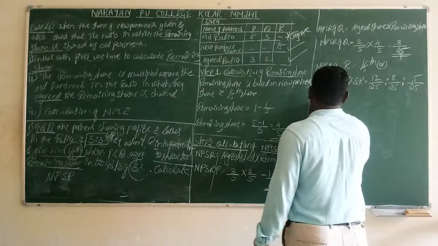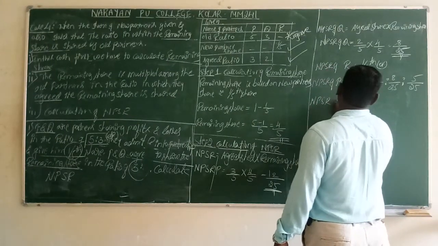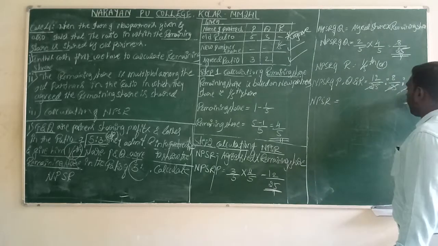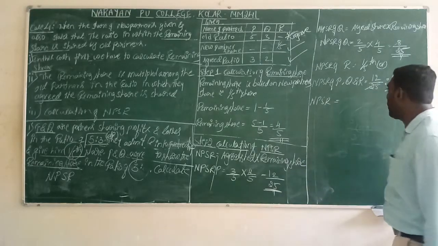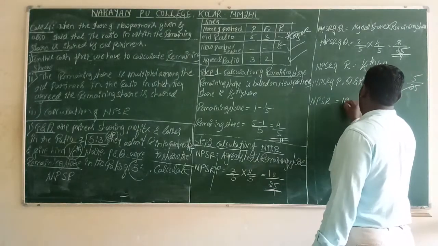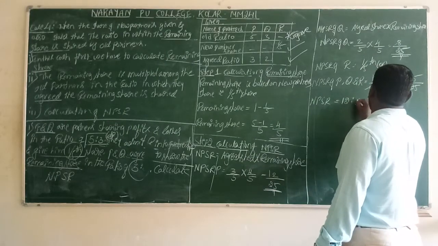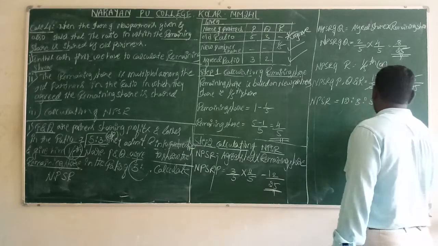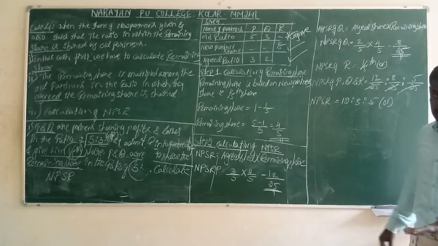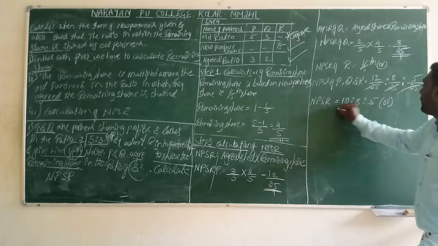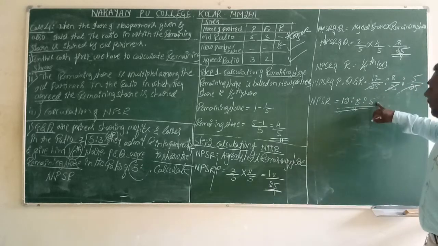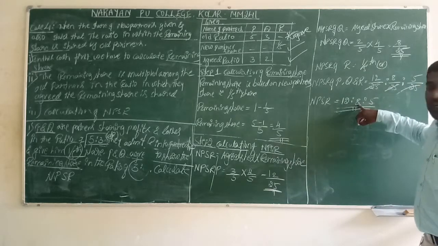Therefore, the 25 will be cancelled. Therefore, NPSR is equal to 12 is to 8 is to 5. If these values are divisible, they should be cancelled. If they are not divisible, we consider these values as the new profit sharing ratio. 5 is divisible by one number, but 8 is not divisible.